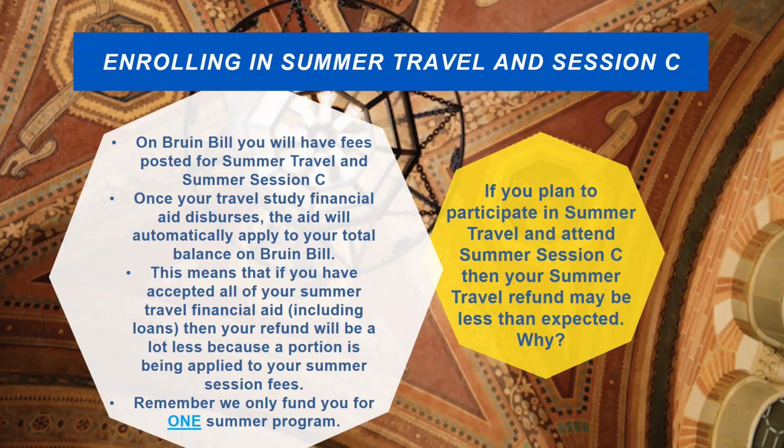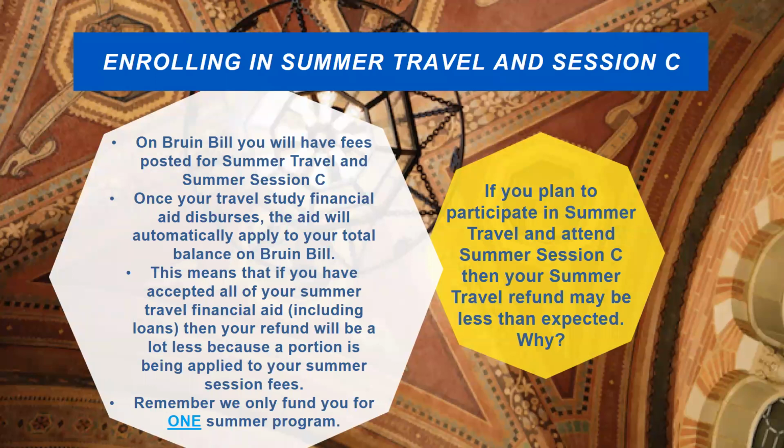So, let's say we give you $10,000 to cover your summer travel program, between your grants, your loans, and everything. Well, to make the math better for my example, I'm going to say $5,000. So $5,000 is going to go through to pay your fees for the summer travel program.